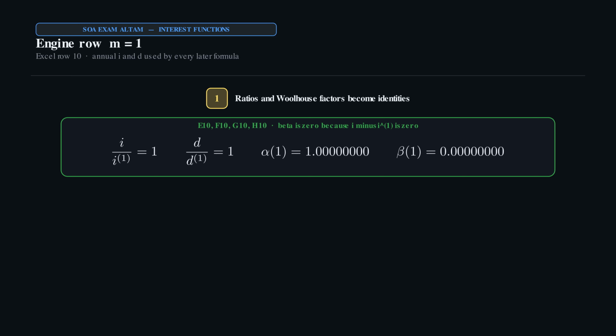Both ratios are 1. Alpha of 1 is 1. Beta of 1 is 0, because I minus I upper 1 is 0. When payments are already annual, there is nothing to convert. That is the check row. If alpha of 1 is not 1, your locks are wrong.